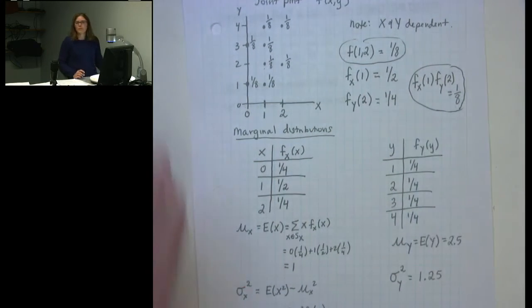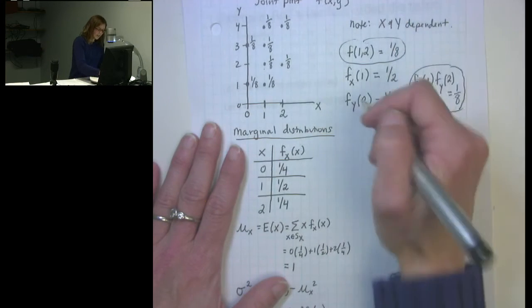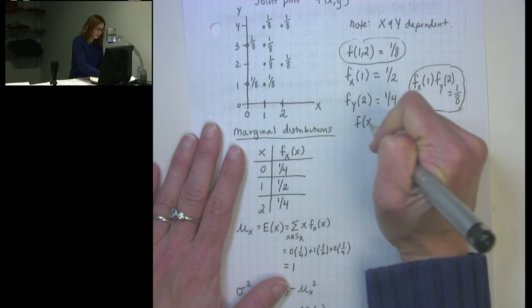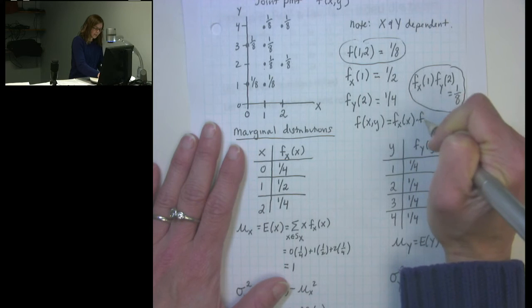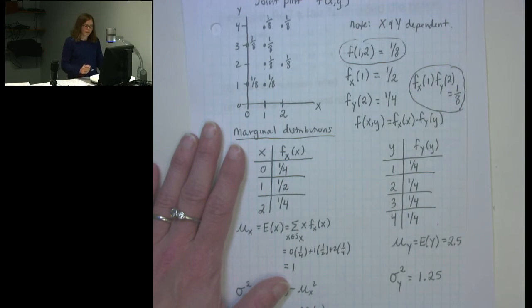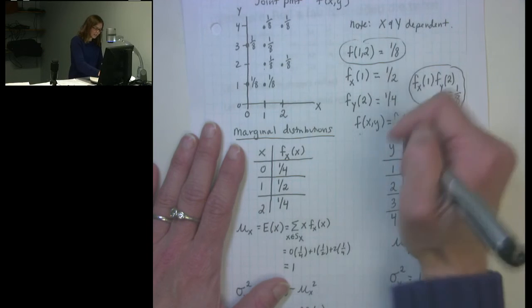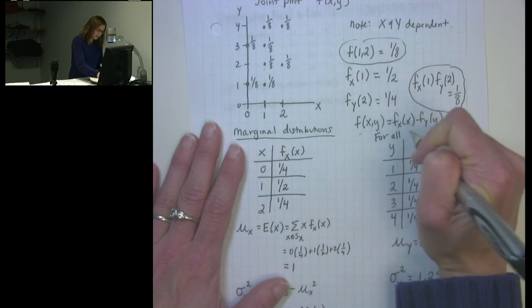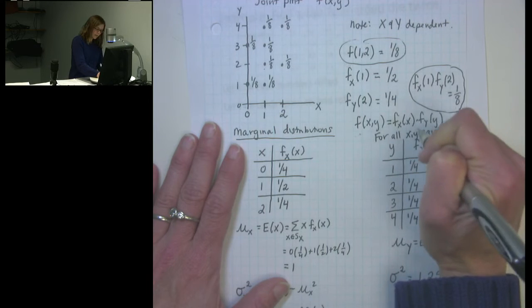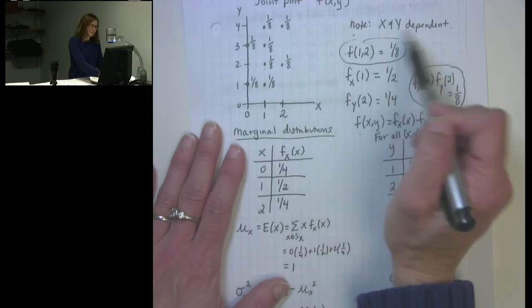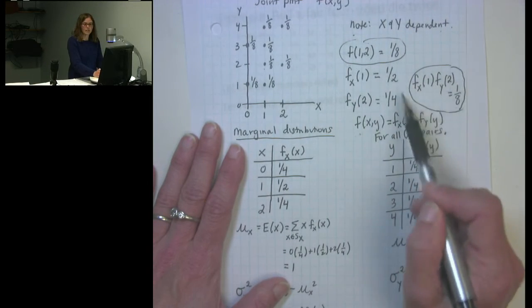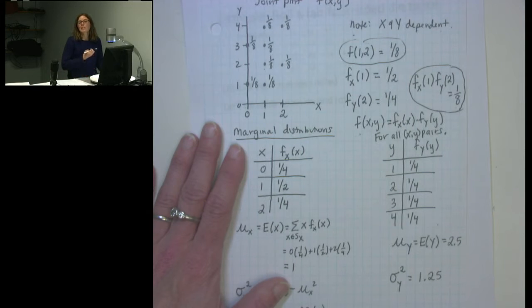probability, right? This is just an example to show you when we talk about independence, we say to be independent, f of x, y must equal the marginal for x times the marginal for y. I just wanted to point out that this needs to be true for all x, y pairs in our support in order to have independence. This is a situation where we have dependent variables, and yet this equality is satisfied for this particular x, y pair where x is equal to 1 and y equals 2.